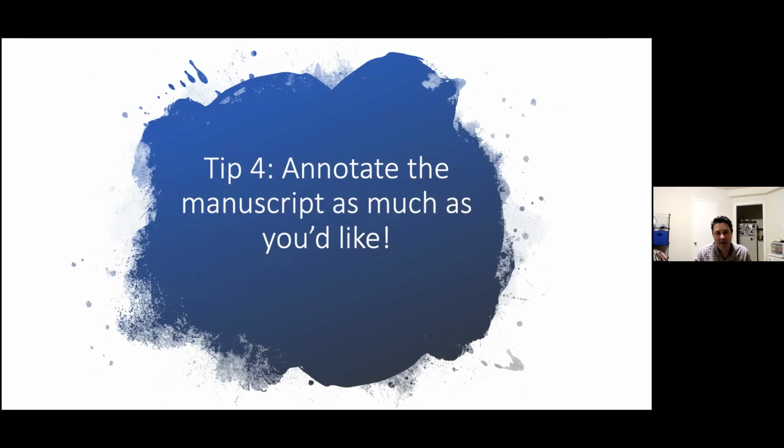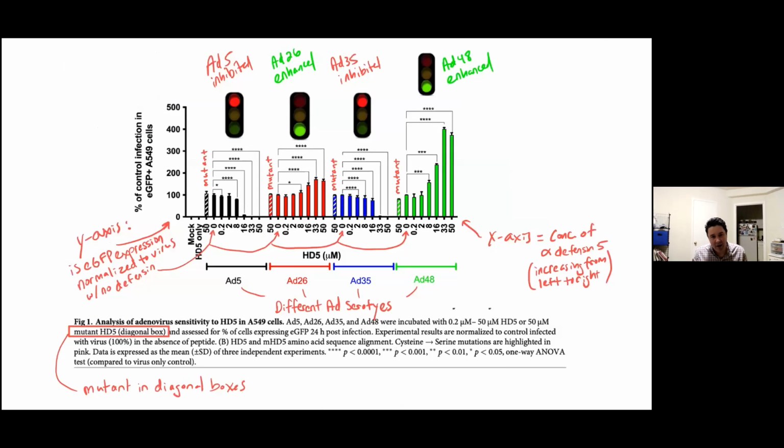Tip 4, annotate the manuscript as much as you'd like. Still, when I read manuscripts, especially if I'm doing a lit review and I have to present it, I will write so much information down on that manuscript. Like I said, it's almost like I've written a manuscript within a manuscript. This is just an example. We could go back to that figure 1.